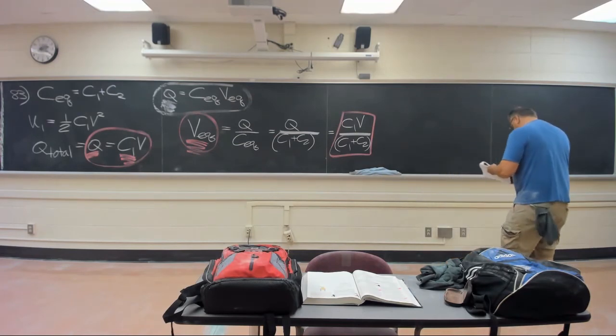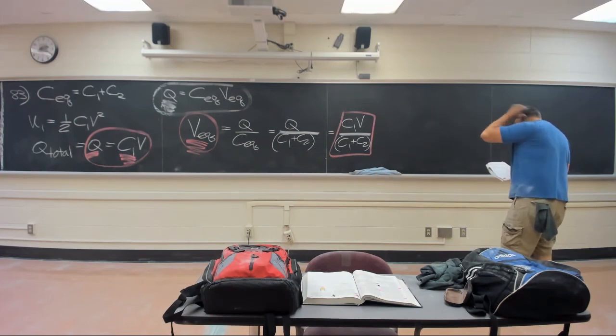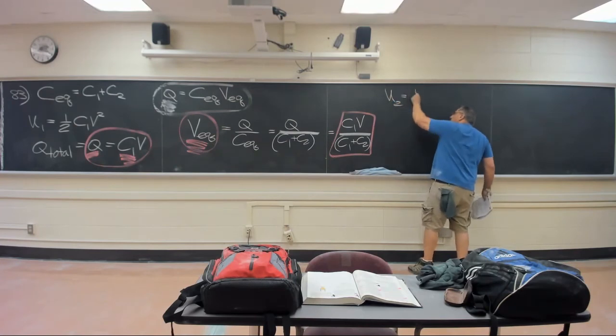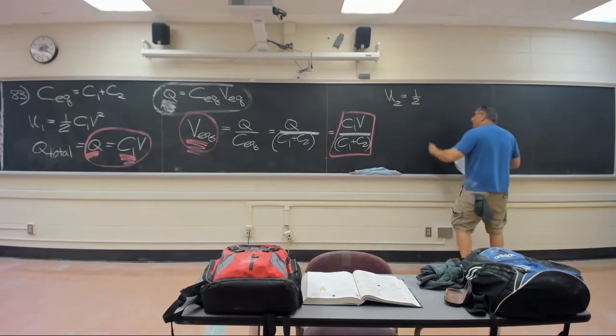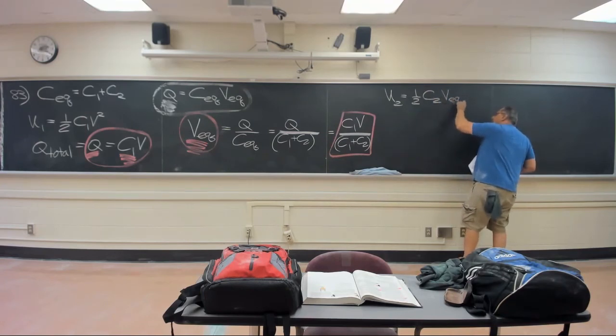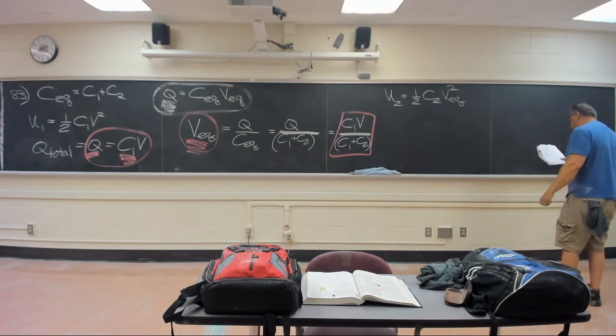What's going on here? Well, they want U2 as an expression. U2 is going to be 1/2 whatever C2 is times the voltage equivalent that you eventually attained when they reached some kind of quote-unquote equilibrium.